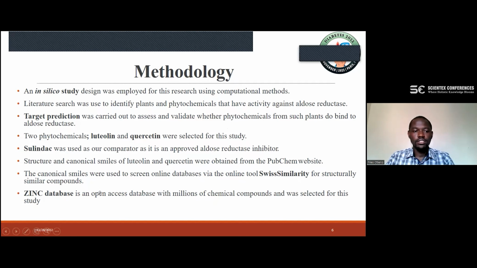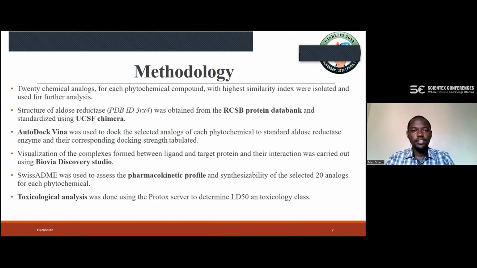In this case, we chose the ZINC database, which contains millions of chemical structures. So we are looking for structures similar to luteolin and quercetin. And 20 chemical analogs for each phytochemical compound were selected, that is, the top 20 that were most similar to each of the two selected phytochemical compounds.